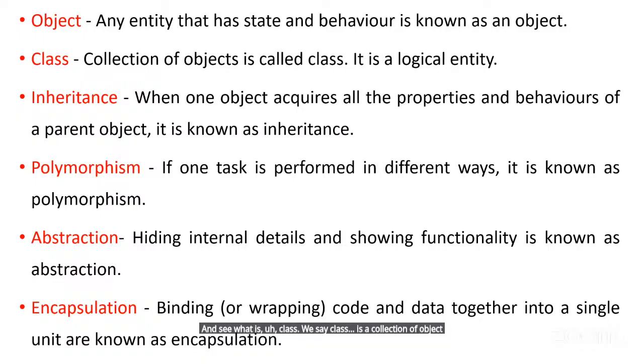Then what is an object? An object is an entity that has a state and behavior. Imagine that you are going to build a new home. You have some imagination about your home. You have the blueprint, the exact design, and you want to build the home in that way. That is known as class.